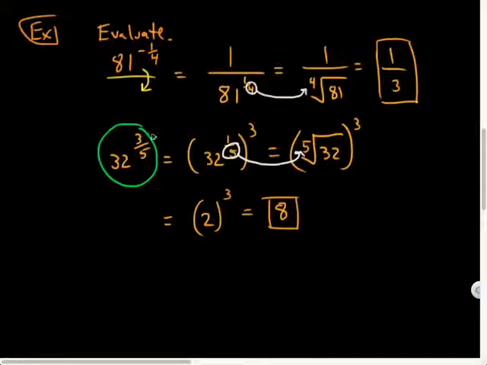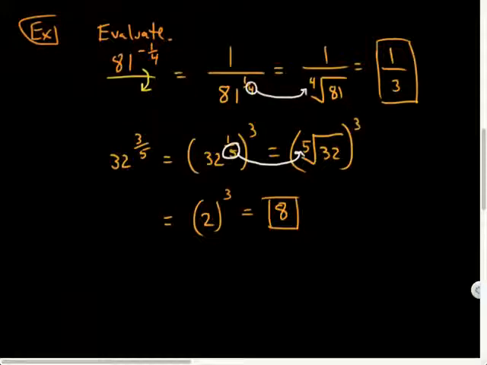Does anyone see a shortcut from here to here? You just do the fifth root of 32 cubed. Okay, so this became the index of the radical, and this guy stayed as an exponent.